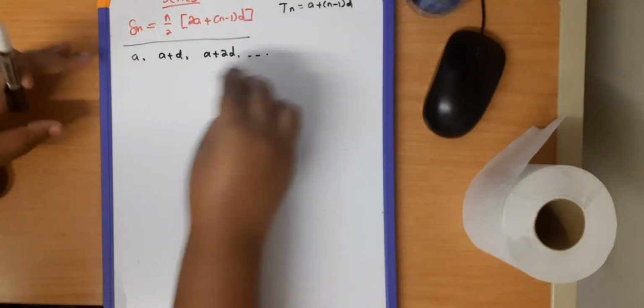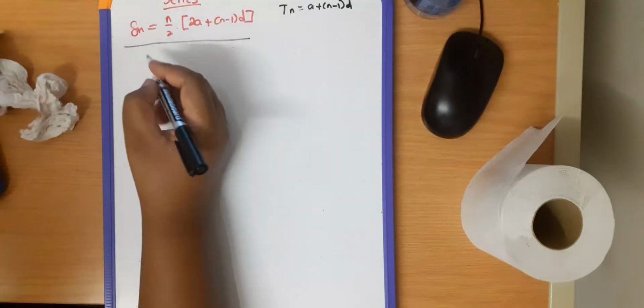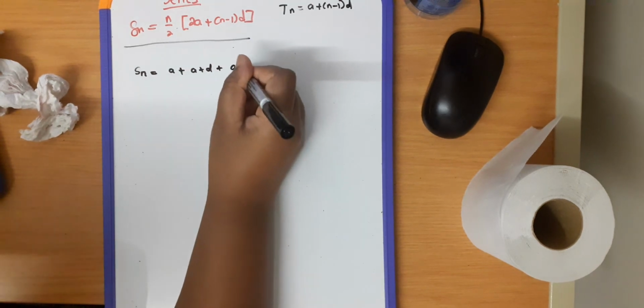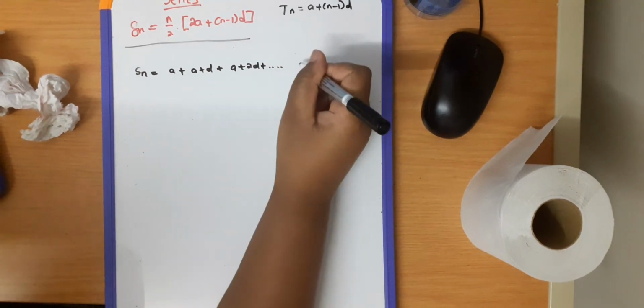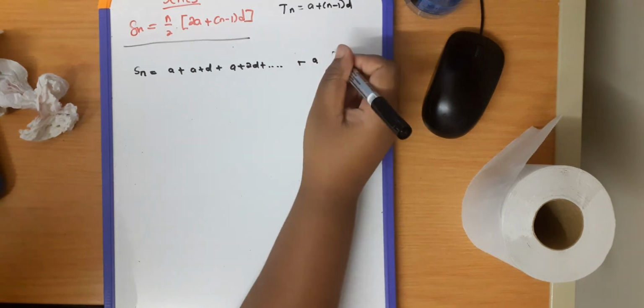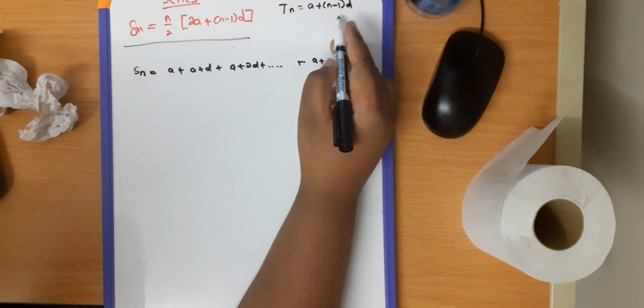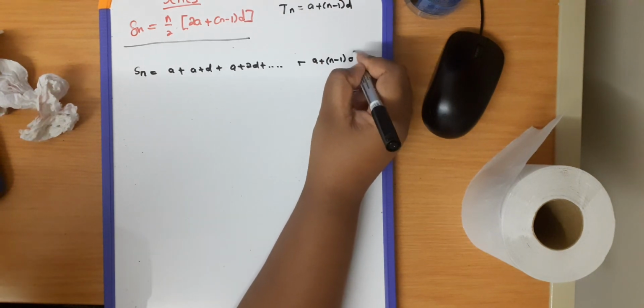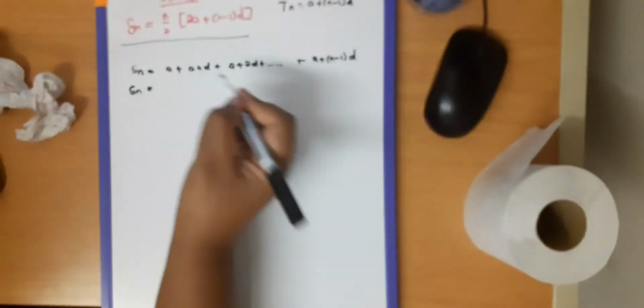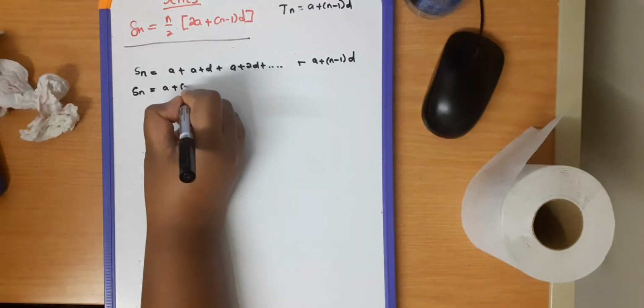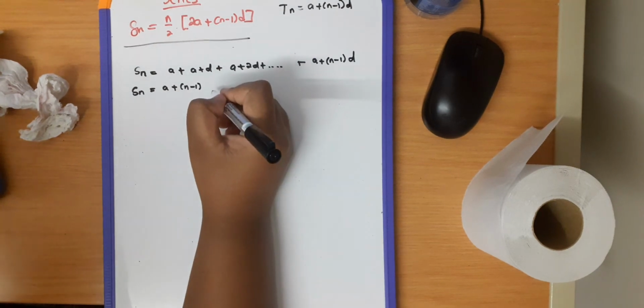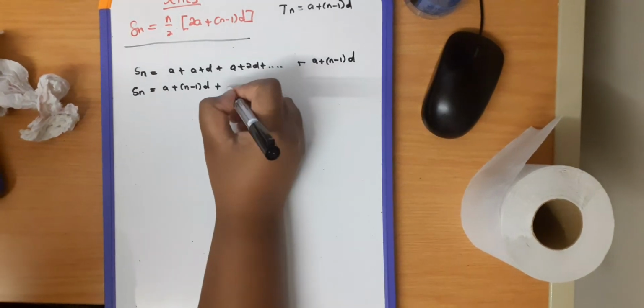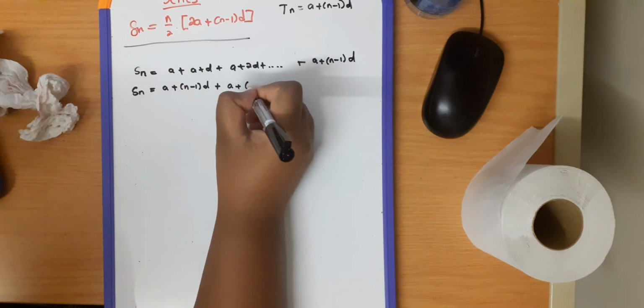Okay, so here is the first proof, right? It's this type of proof where you can write Sn as a plus (a plus d) plus (a plus 2d) plus da, da, da, plus the last term, which will be a plus (n minus 1)d. And you can also write this from the last term: a plus (n minus 1)d plus a plus (n minus 2)d.